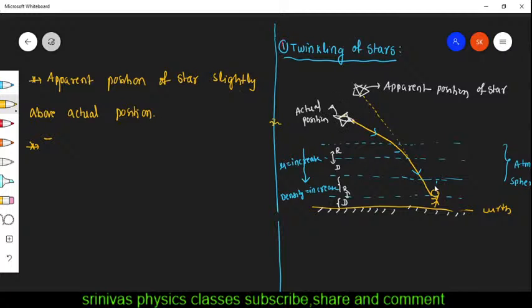If the light emitting from the star reaches the eye, the star appears with more brightness. If it does not reach the eye, then the star will appear dim like this.